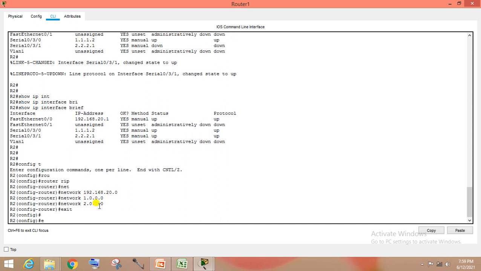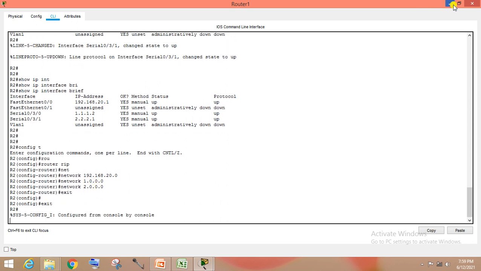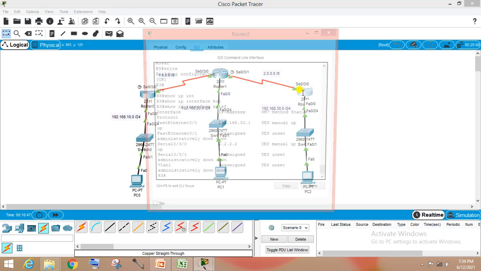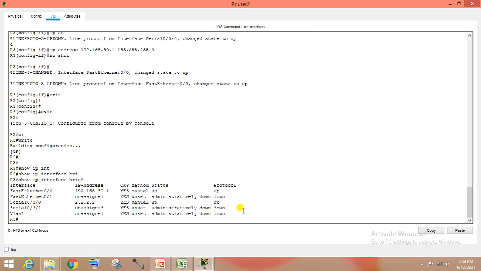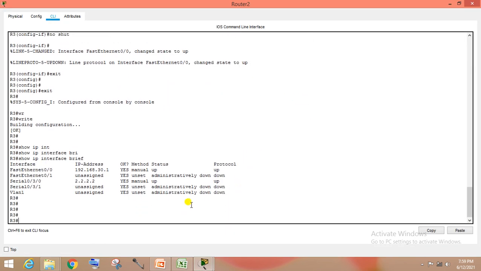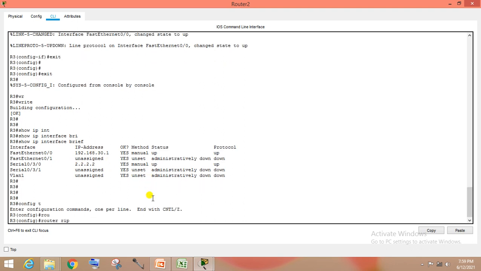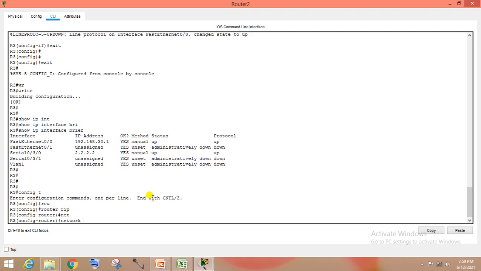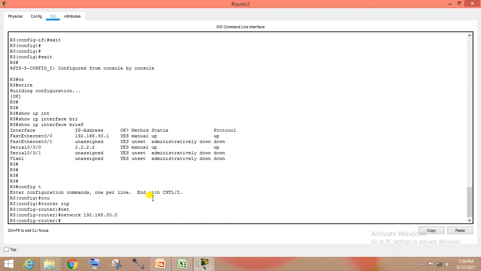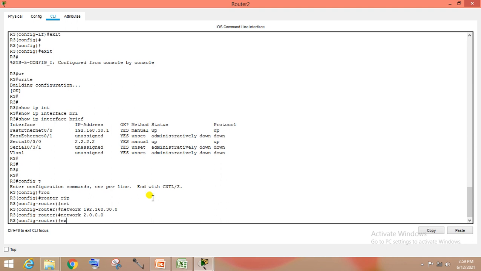Right, that's it. Now go to the third router. It has two networks, 30 and 2. Router rip, network 30.0, and network 2.0. That's it.